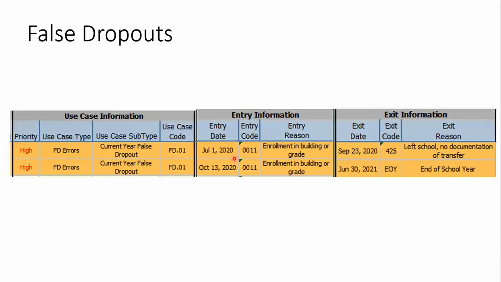If, on the other hand, when the student returns, the district finds out that the student had been enrolled elsewhere, perhaps they were out of state or at a private school, and with documentation supporting that enrollment, the district could update the dropout exit code to the appropriate transfer code.